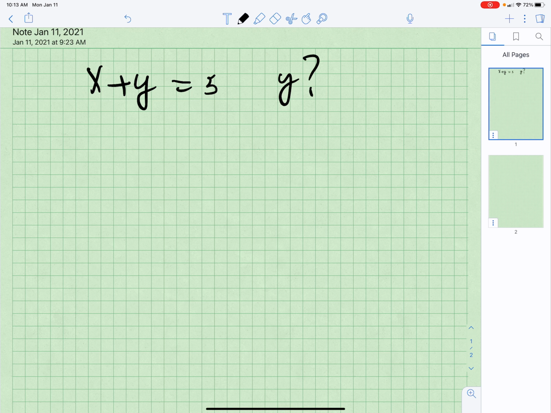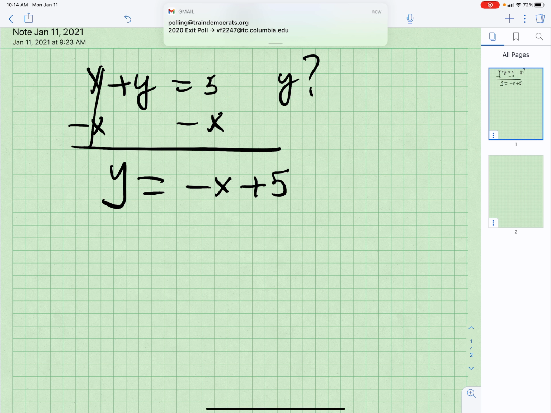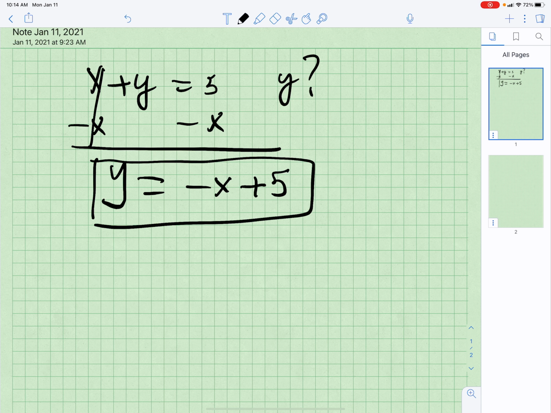So all I need to do is to remove x from the left side. So I'll do minus x, negative x on both sides. Cancel this, so I get y equals negative x plus 5. So this is like a linear equation in two variables where the slope is -1 and the y-intercept is 5. But the goal is just to solve for y. So, and we just did. Okay? This is very easy, right?